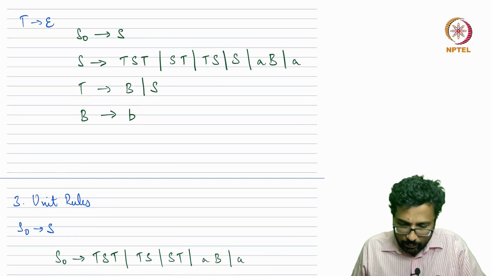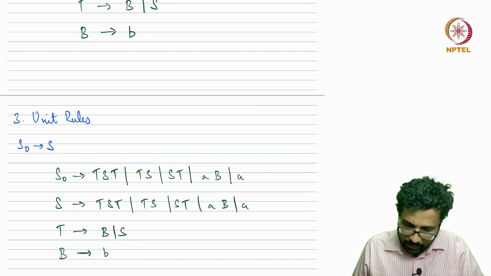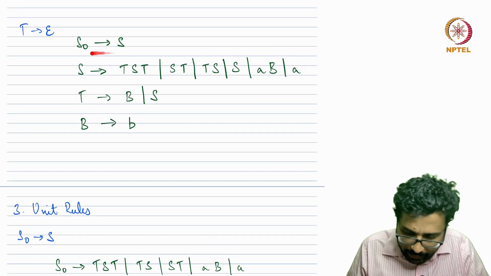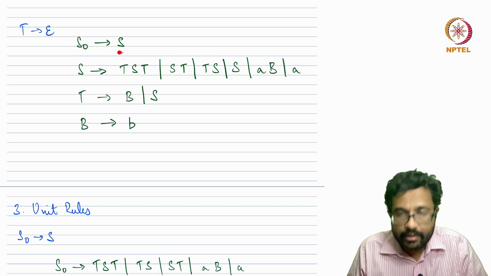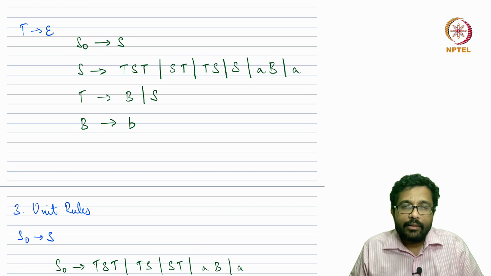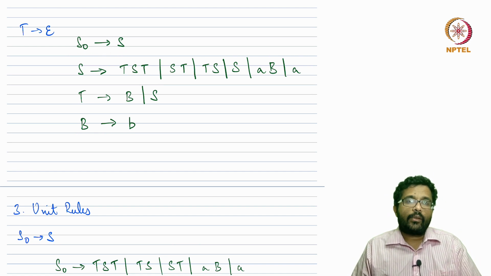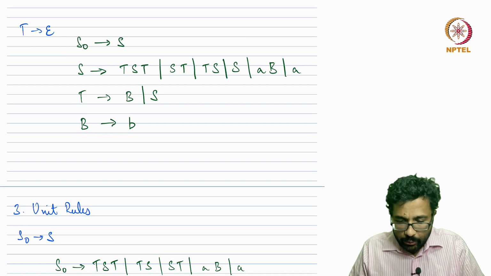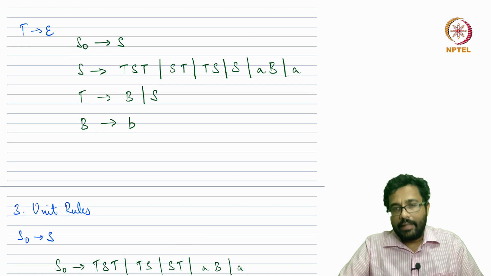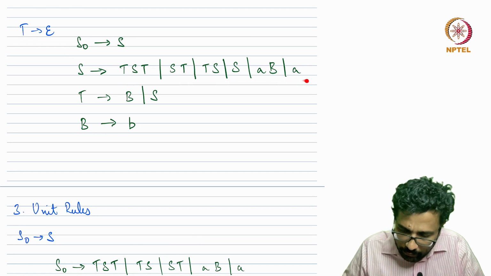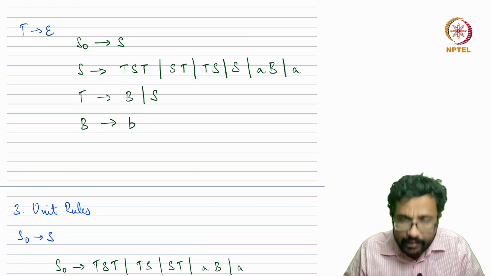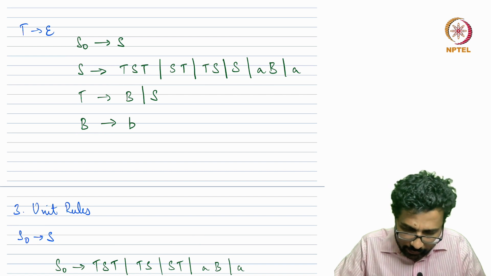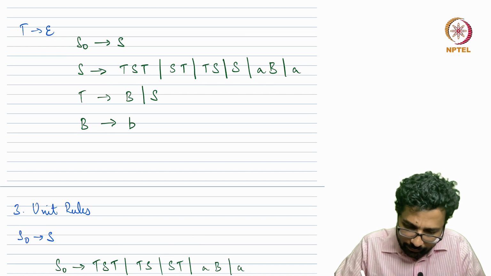So what are the unit rules? Let's see. So maybe the first thing I have already filled out. The first unit rule is S0 gives S, right. This is a unit rule which is not allowed as per the rules of the Chomsky normal form. So what we do is S0 gives S, and then S could give all these things like TST, ST, TS, etc. Before getting there, let me just make one more statement.